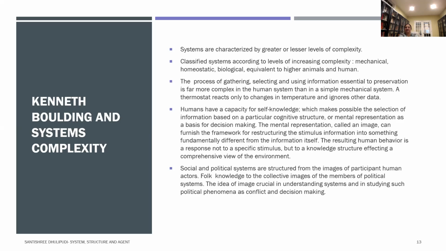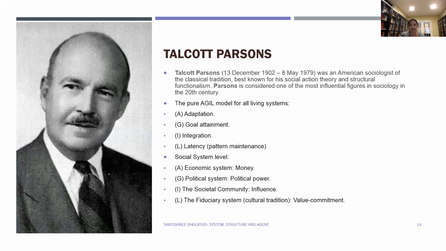Social and political systems are structured from the images of participant human actors, from folk knowledge to the collective images of the members of the political systems. The idea of image is crucial in understanding systems and in studying such political phenomena as conflict and decision making.